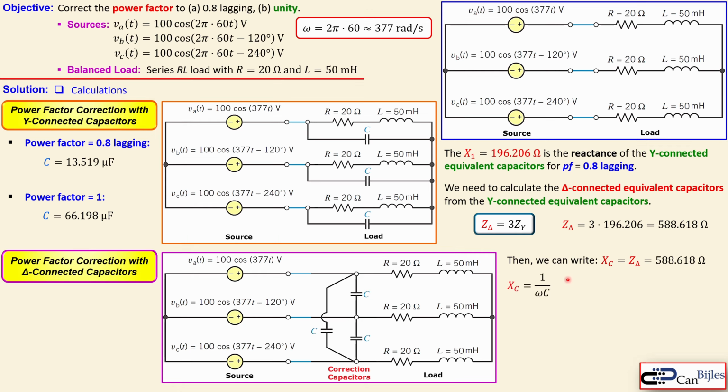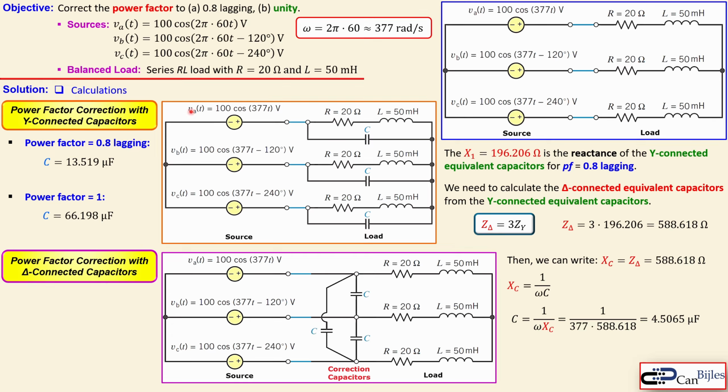Again, you use the formula for the reactance of the capacitor, 1 over omega C, and then rewrite this, so you get C is equal to this. And now use the new value for our reactance. And that will give you 4.5065 microfarads.